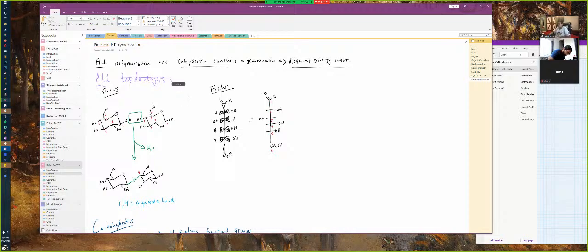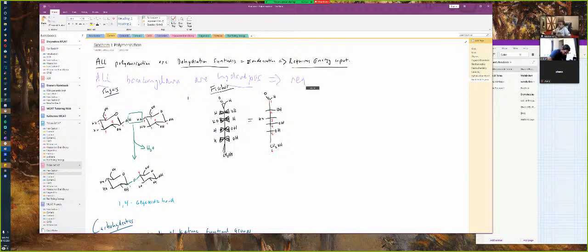Oh man, I hate how they don't let me use the back. But I'm trying to think of breaking down the opposite of polymerization. So let's just say, all breaking down are hydrolysis reactions, and guess what?